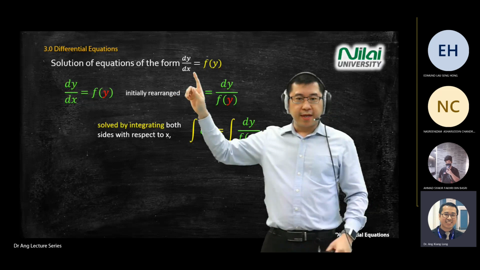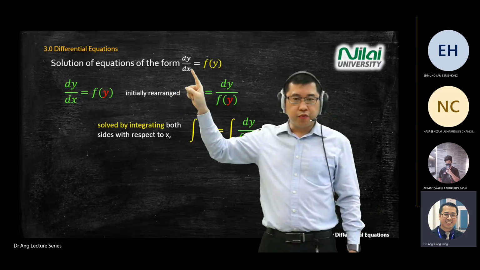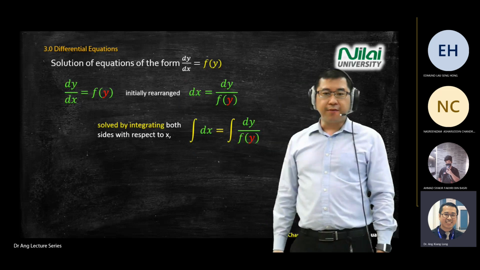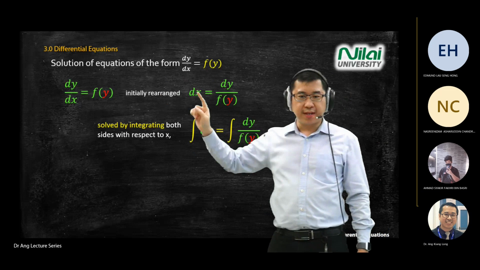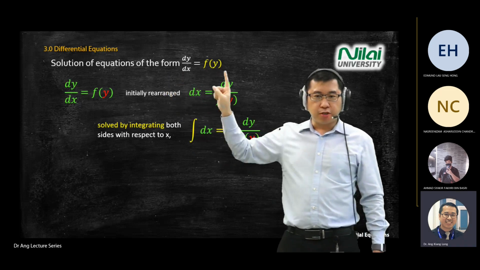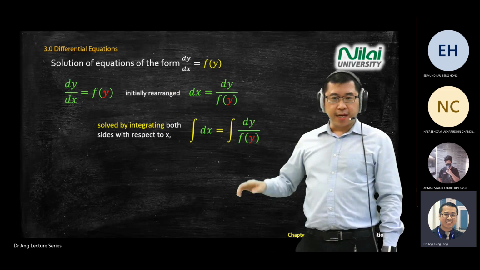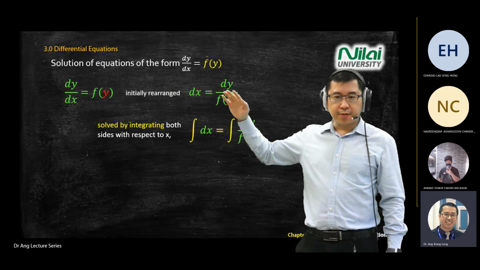Every time we start with a differential equation, we move dy dx to the left hand side. Then we add one more step where we move all the y to one side and all the x to the other side. And then we continue with the rest of the steps that we learned so far.